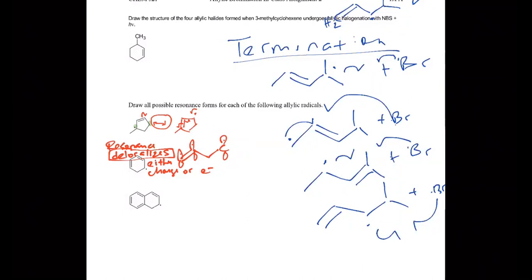Just to confirm, how many topics are going to be on the exam? We'll do chirality as the first, and then synthesis of alkyl halides is the second. So it'll be two topics. We're not going to have time for the use of alkyl halides and alcohols.